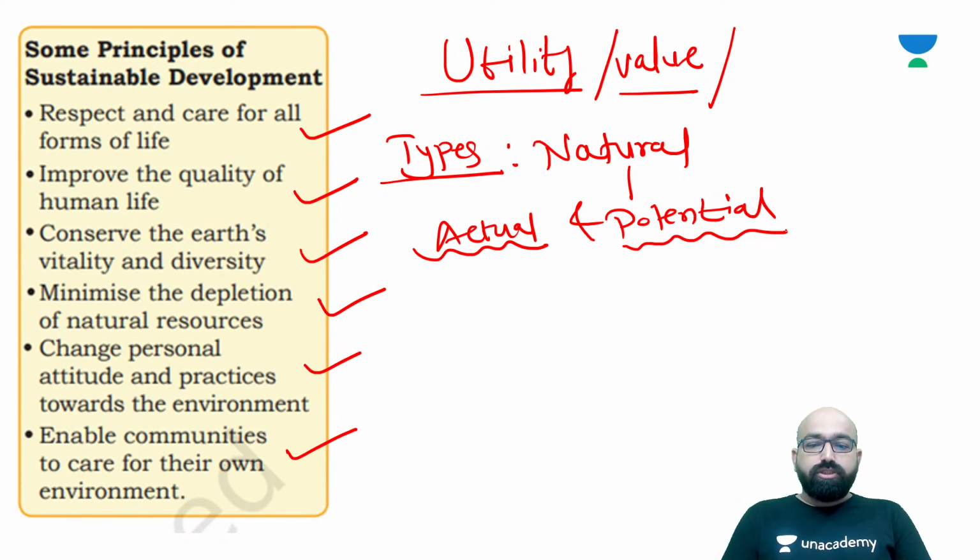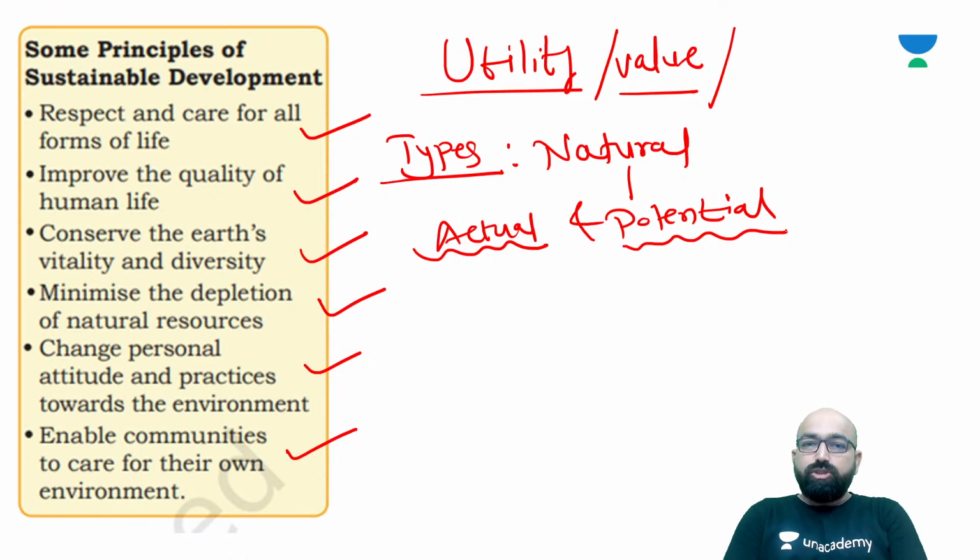Now, renewable resources are those which are renewed or replenished quickly, whereas non-renewable resources have limited stock and it may take thousands of years for them to be renewed or replenished. Then we have talked about how resources can be ubiquitous or localized.